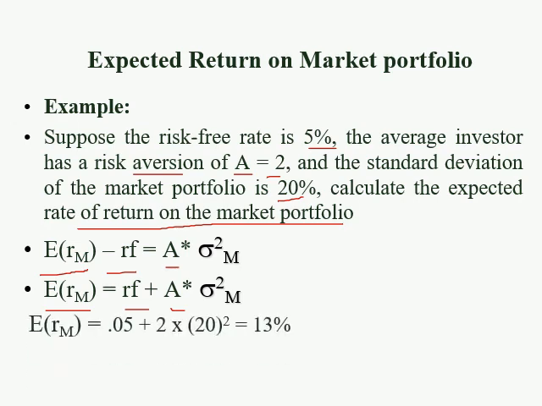So E(R_M) will be equal to the risk-free rate 5% plus 2, the risk aversion, multiplied by the variance, standard deviation squared, 20% squared, which will equal 13%. So the expected rate of return on the market portfolio will be equal to 13%.